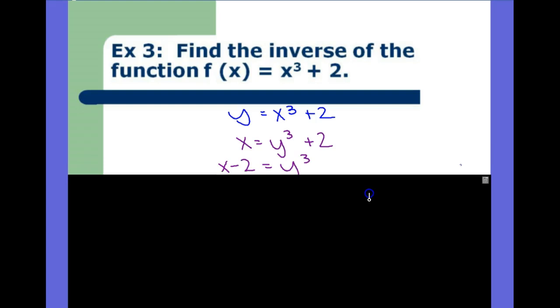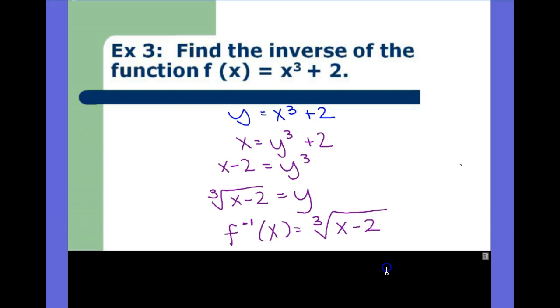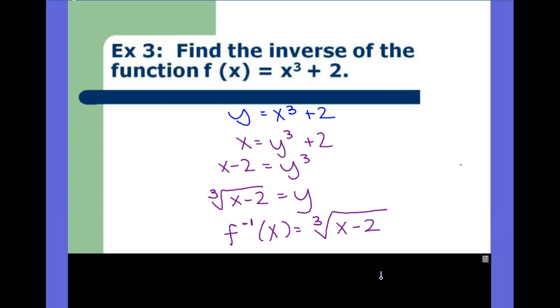Subtract 2 from both sides. You get x minus 2 equals y cubed. To get rid of something cubed, you cube root it. So we get y equals the cube root of x minus 2. And then if you go back to function notation, it's f inverse of x equals the cube root of x minus 2.